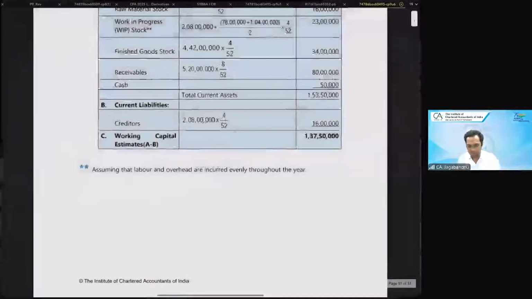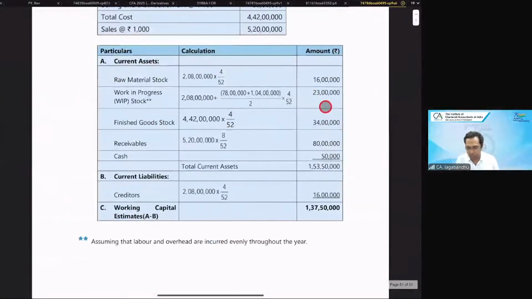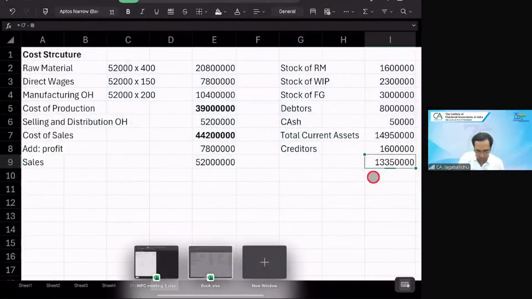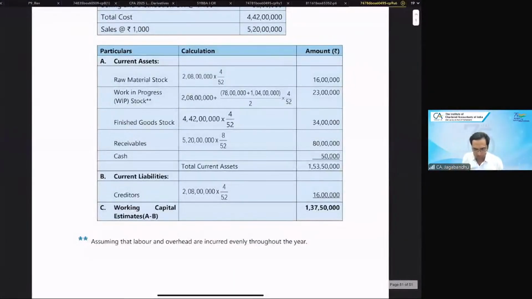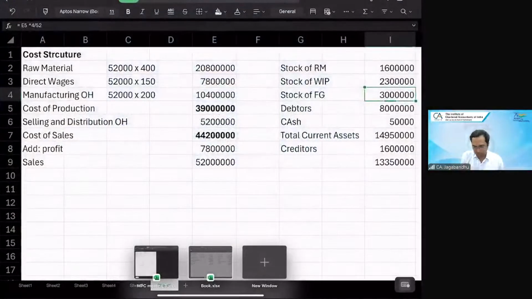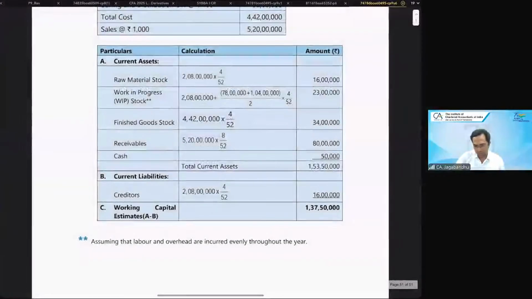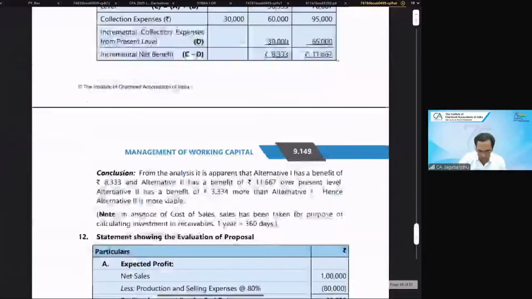You can see it's 16 lakh, 23 lakh is the WIP, finished goods is 34 lakh. Stock of finished goods, 42 lakh. Okay, but what's the cost of stock of finished goods stated?